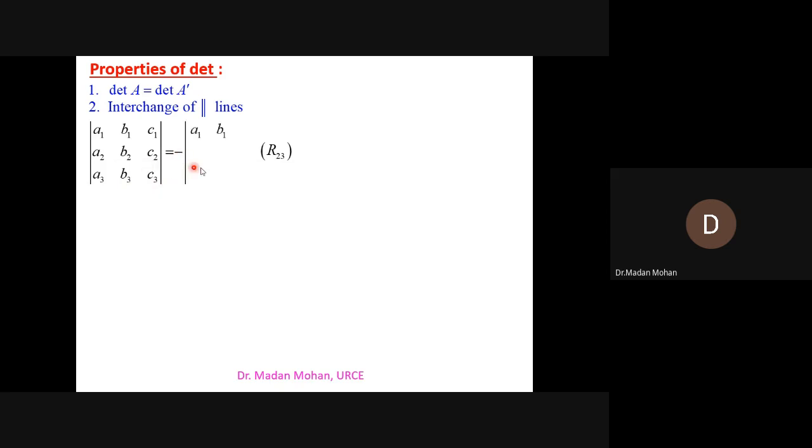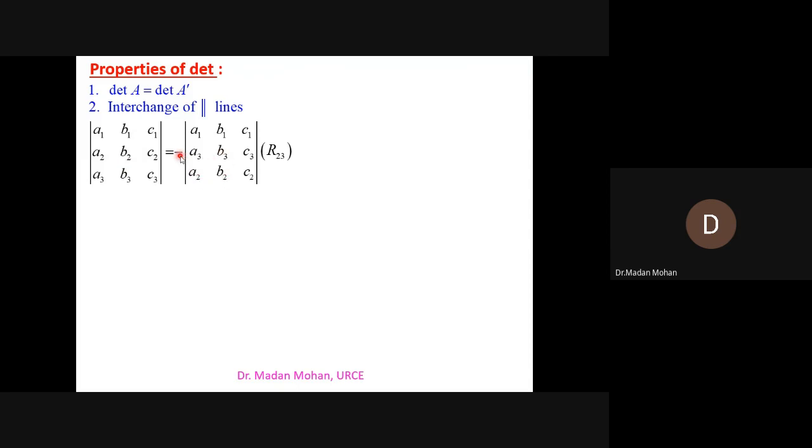The first row remains the same. I am interchanging A3, B3, C3 and A2, B2, C2. In the given matrix determinant, I interchange the second and third rows. Then you will get a minus sign.